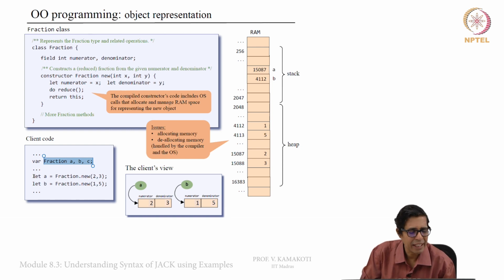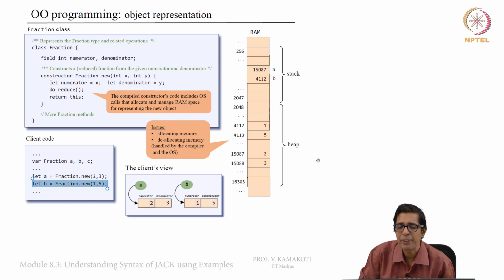Now we say let a equal to Fraction.new(2,3), let b equal to Fraction.new(1,5). So from the client's point of view, there is a memory address called a, which will point to two memory locations storing 2 and 3. There is another, b, which will point to two memory locations storing 1 and 5. One is for the numerator and another is for the denominator. This is the client's view.